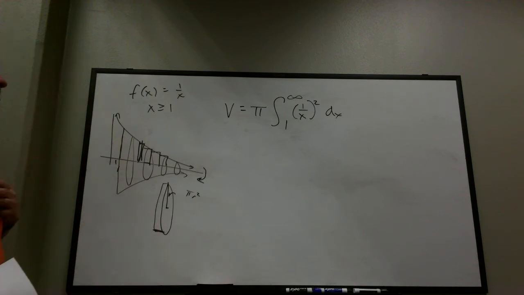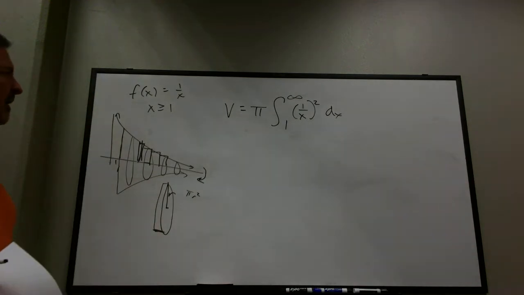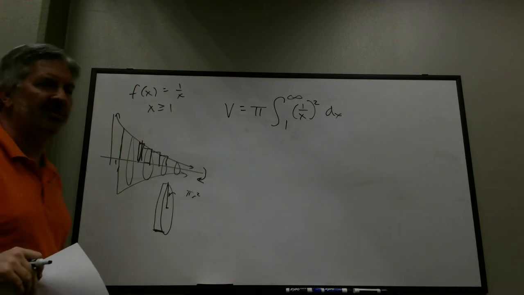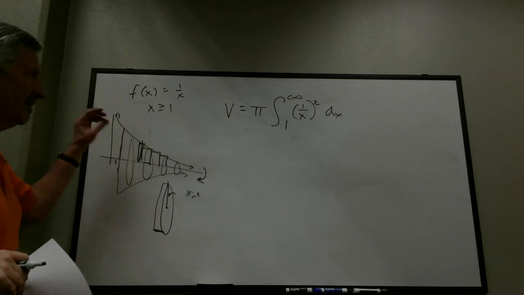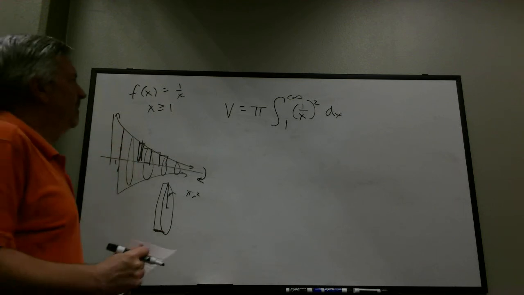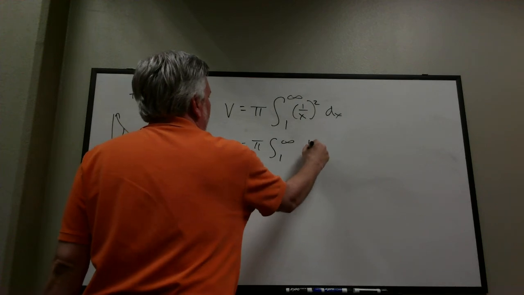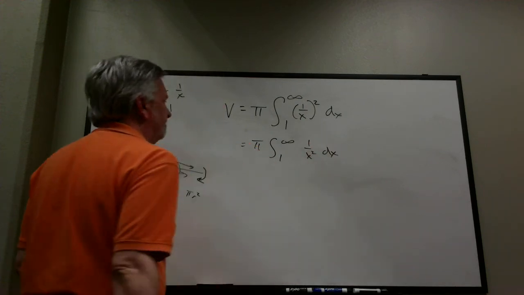Okay. So again, you can go back and look in your disk method. I maybe said shells earlier. I'm using disk method. Okay. Well, okay. So this is pi integral from 1 to infinity of 1 over x squared dx.